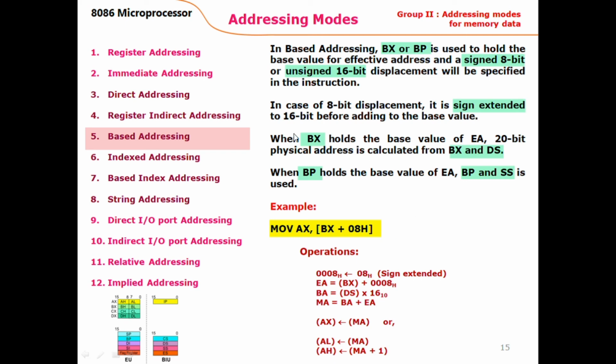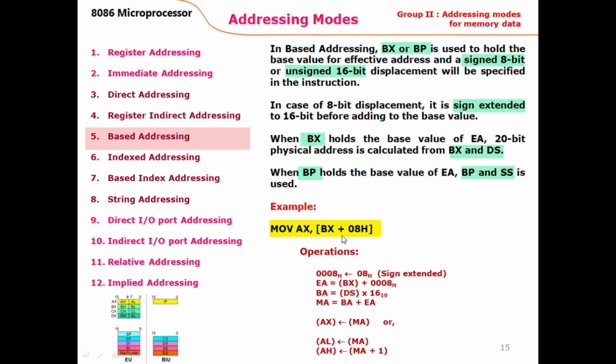So in the base addressing, there is the base register BX that provides the base value, and an 8-bit or 16-bit displacement is added, and both are enclosed in the brackets.